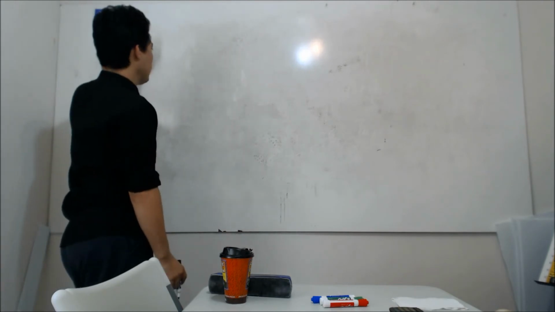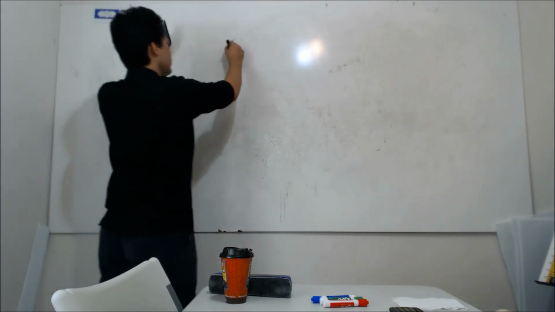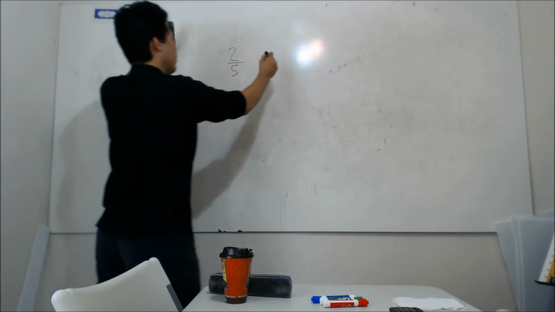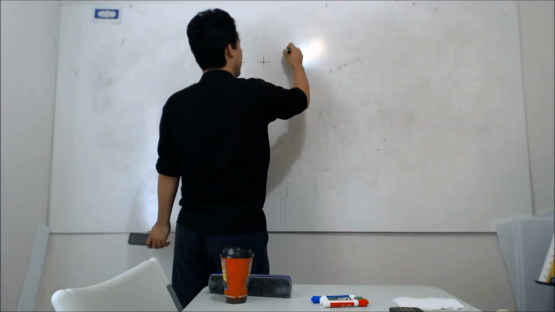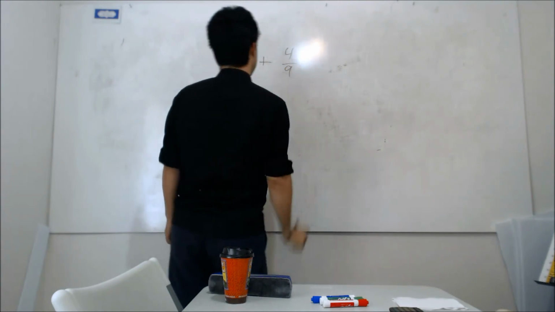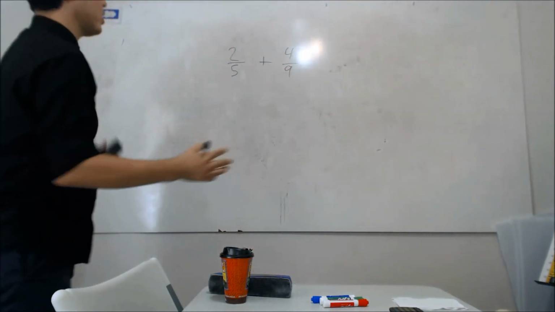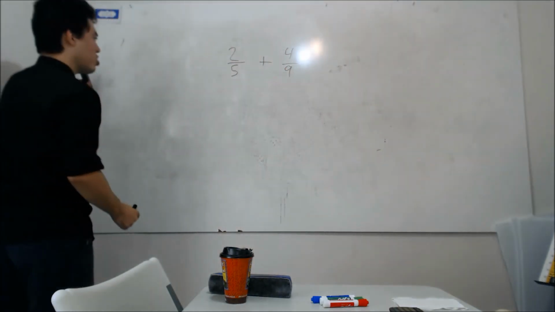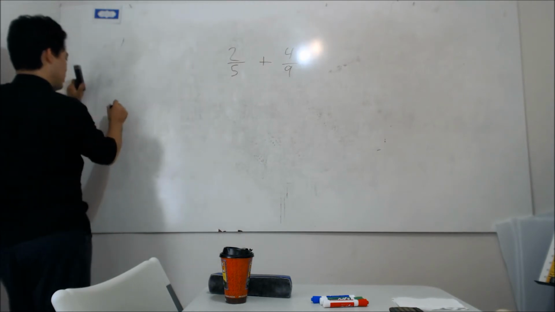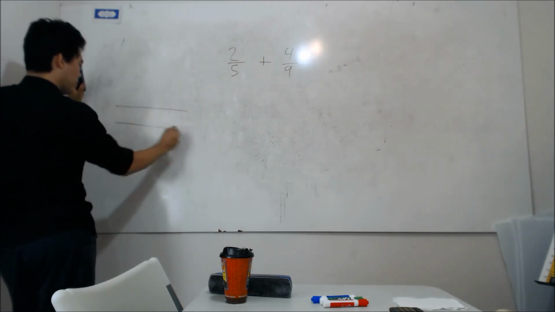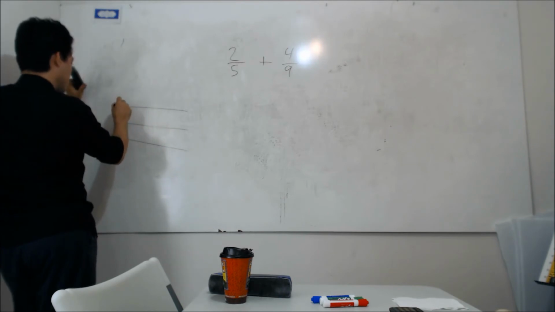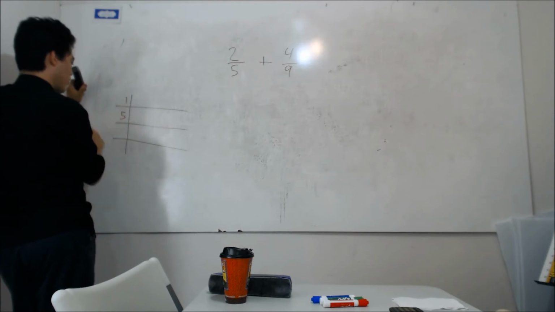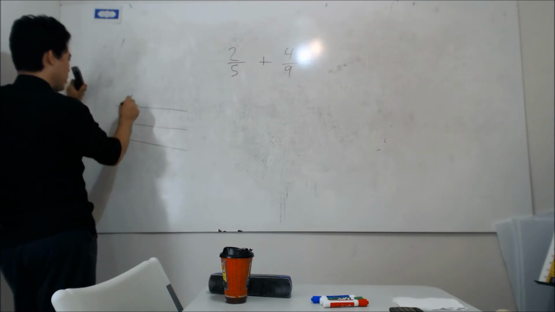So let's say 2/5 plus 4/9, right? 2/5 plus 4/9. Okay, so let's do it. We're going to try to find our least common denominator, or least common multiple. So we're going to have our table for 5 and our table for 9.